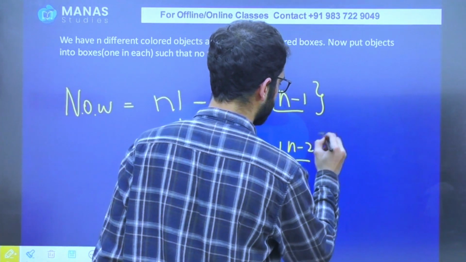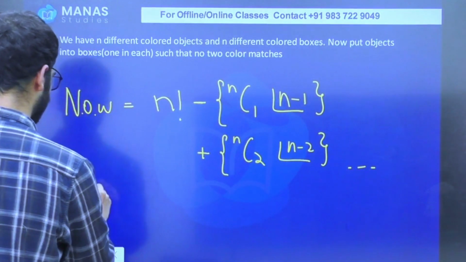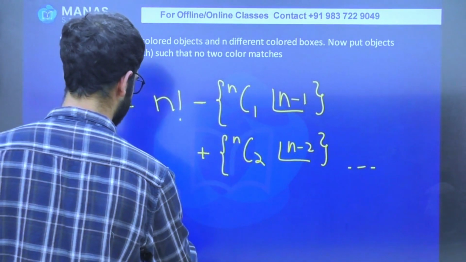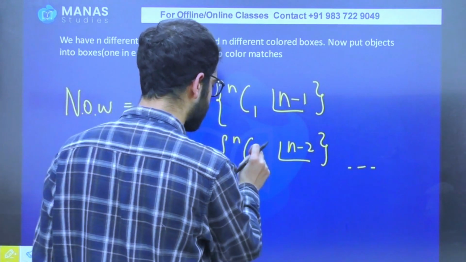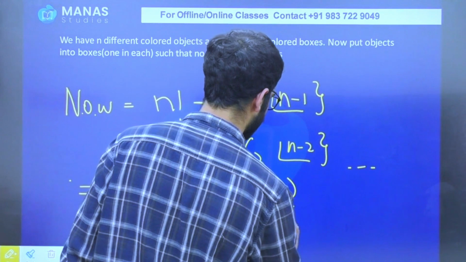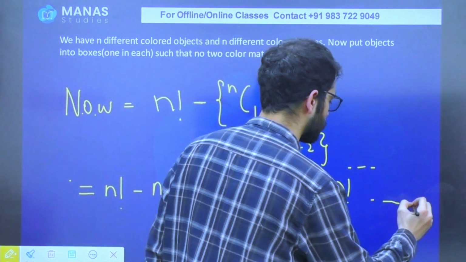So it will become factorial of n minus 2 and so on. If I simplify them, then it can be written as n factorial minus nC1 into n minus 1 factorial. We have to add nC2, which will be n into n minus 1 divided by 2 factorial, into n minus 2 factorial, and so on.